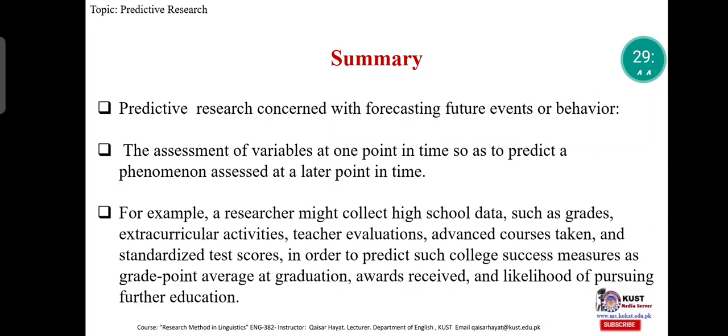An example again, to summarize: a researcher might collect high school data such as grades, extracurricular activities, teacher evaluations, advanced courses taken, and standardized test scores, in order to predict college success measures such as grade point average at graduation, awards received, and likelihood of pursuing further education. So if you collect the data and the indications are there, you can predict what the result would be.